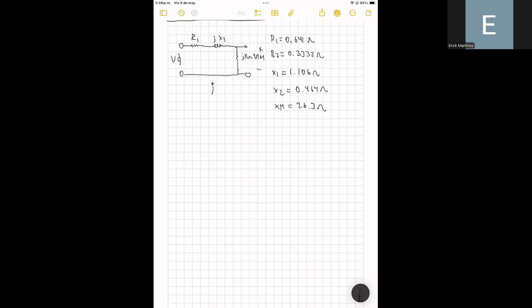So, we know that to compute the maximum torque that the motor can produce, we have the following relationship. The maximum torque is equal to 3 times the Thevenin voltage squared, all divided by 2 times the synchronous speed of the motor, in radians per second.